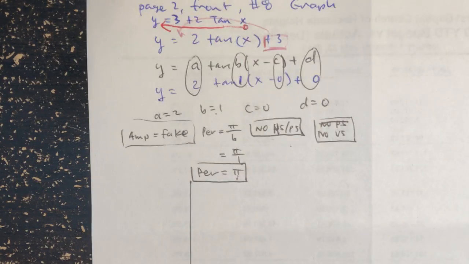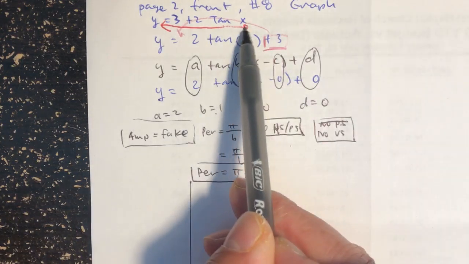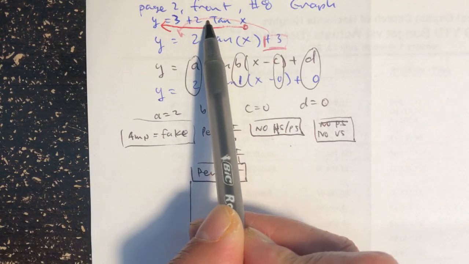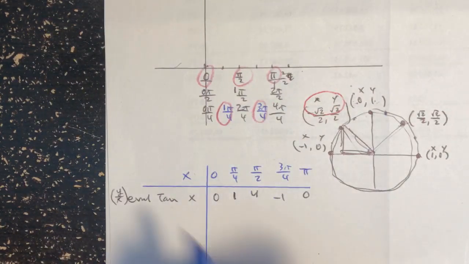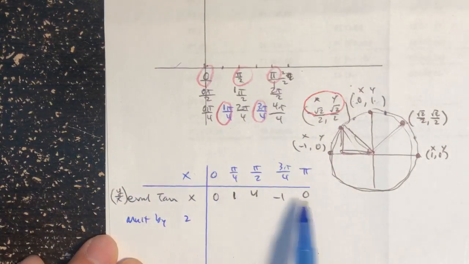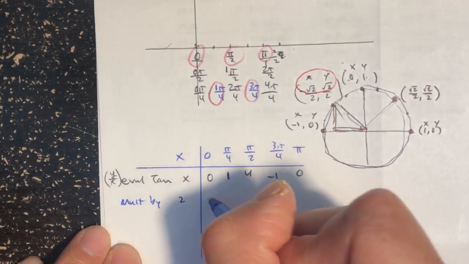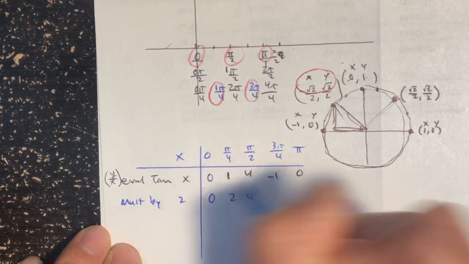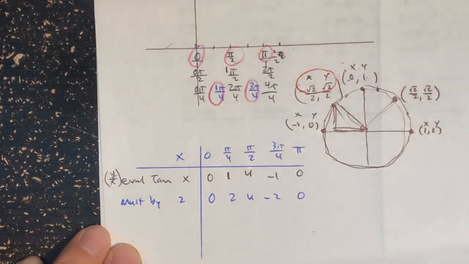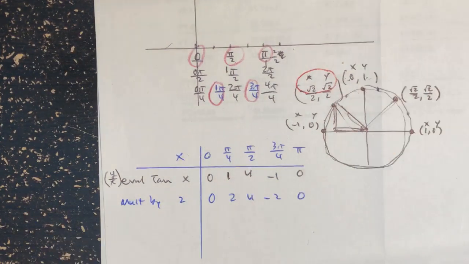Then it tells us to multiply by 2. The reason it's multiplication is that there's no math operation shown here. So I'm going to take all these values and multiply them by 2: 0, 2, undefined, negative 2, and 0.